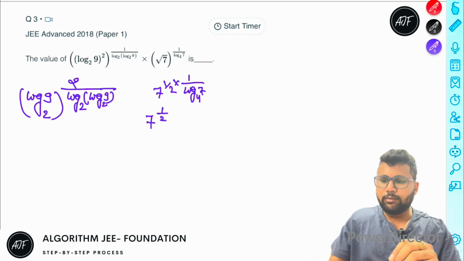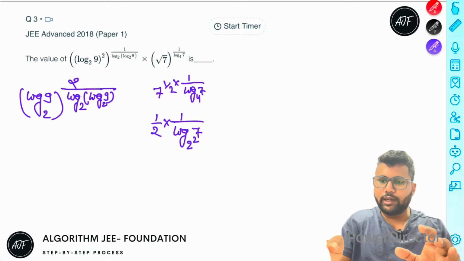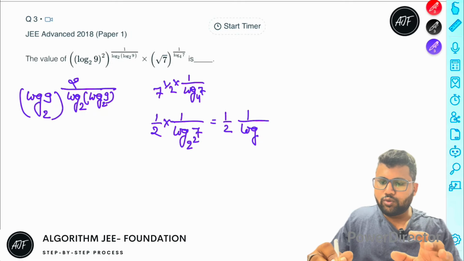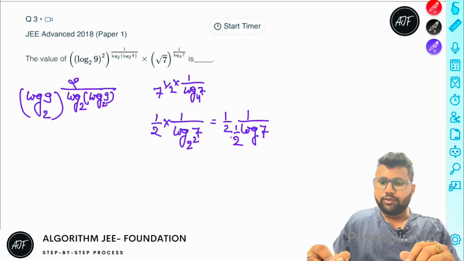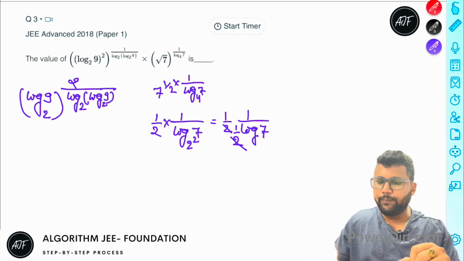Skip the 7 first; I'll write 1 by 2 and log 2 squared 7. The 2 squared is shifted to this side. So now you see 1 by 2, 1 upon log, and 2 power 1 by 2 shifts according to the property. Now 2 and 2 cancel out, and only log 7 is remaining with base 2.